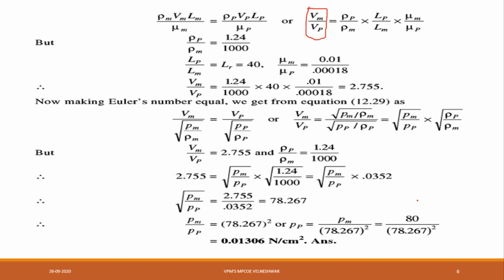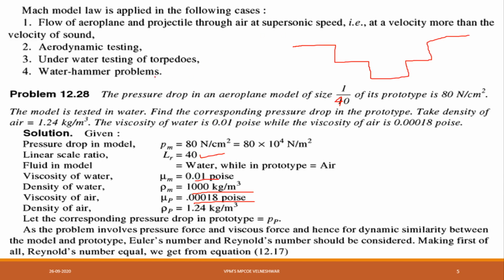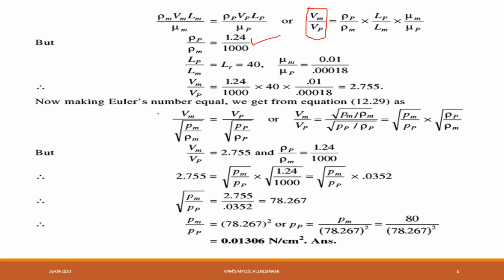Vm by Vp is equal to rho p by rho m into Lp by Lm into mu m by mu p. Here rho p by rho m is equal to 1.24 divided by 1000, because rho p is given as 1.24, and the model is tested in water, so rho m is 1000.